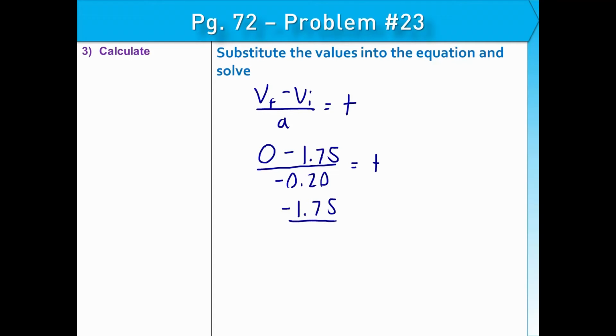I'll divide that by negative 0.20. Remember, a negative number divided by a negative number gives a positive answer. Dividing 1.75 by 0.2, you should get 8.75 as my time. Remember, the unit for time is seconds, so I'll rewrite this as 8.75 seconds.